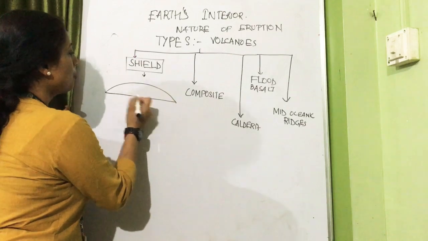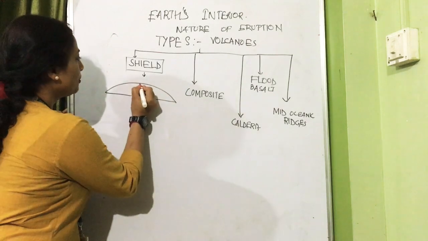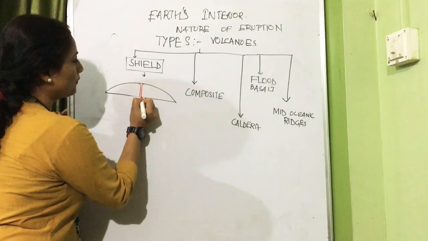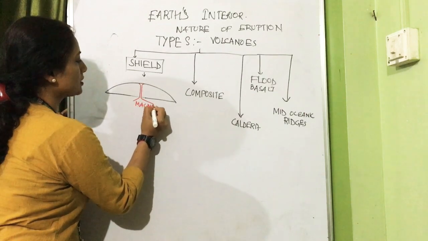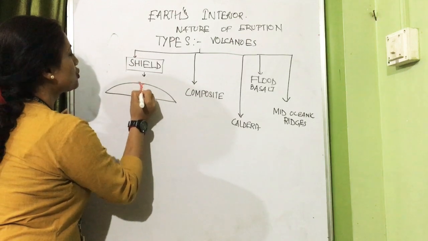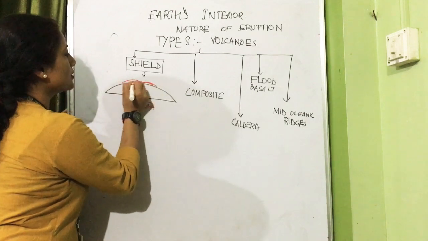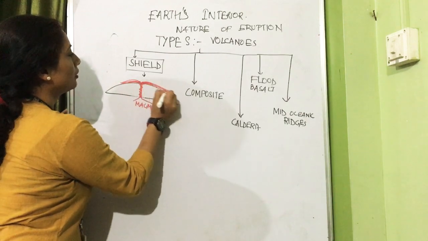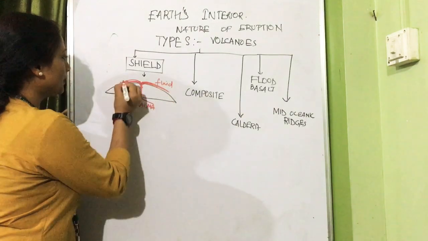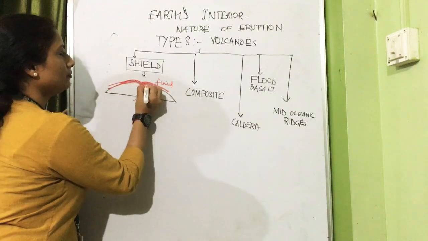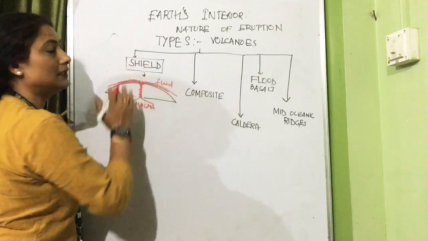Now the reason why the volcano is in this smooth rounded shape: if this is the opening of the volcano and this is the magma chamber, which we have already discussed, when eruption takes place, because it is a kind of fluid which comes out from the interior of the earth, it spreads like this and covers the region in the form of a shield.